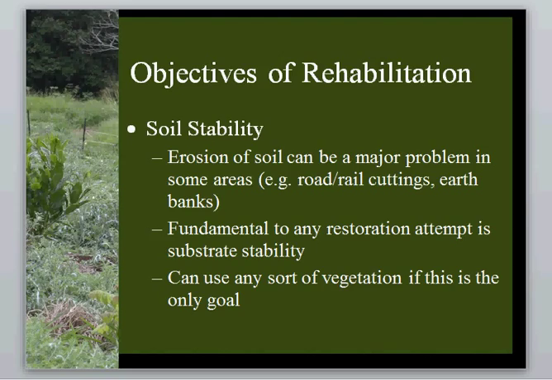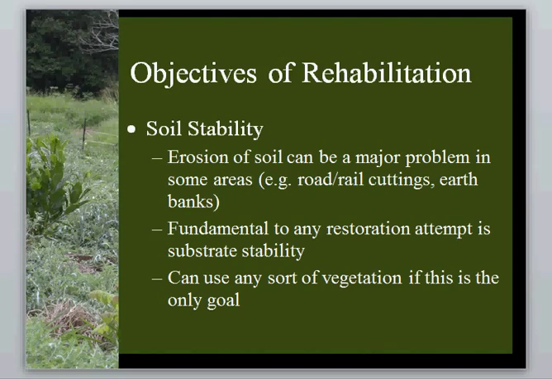So soil stability is one of the more easy rehabilitation objectives, because we can choose the vegetation, we can choose the species which are most likely to succeed. And those species need not be native. Those species may come from some other exotic location. Their genotype doesn't necessarily need to be of the local area.